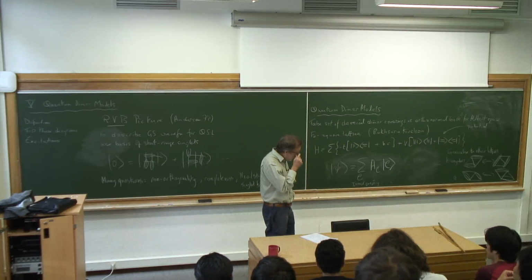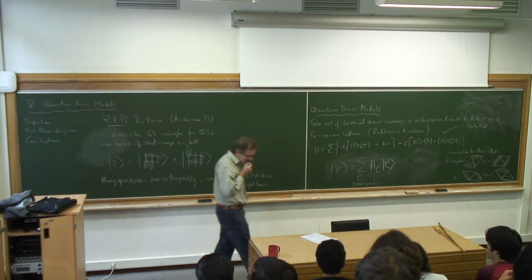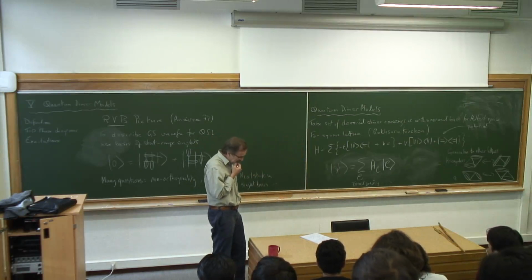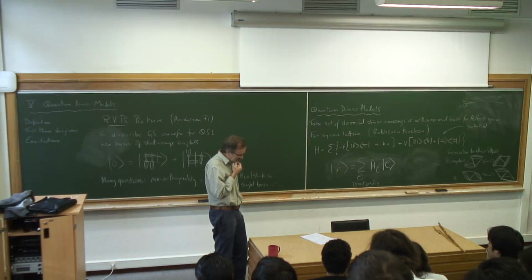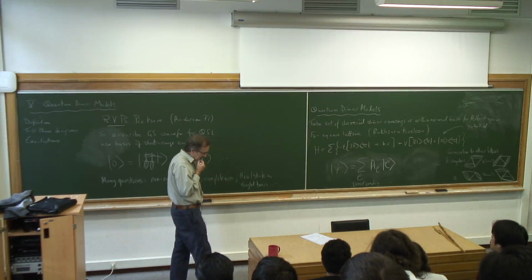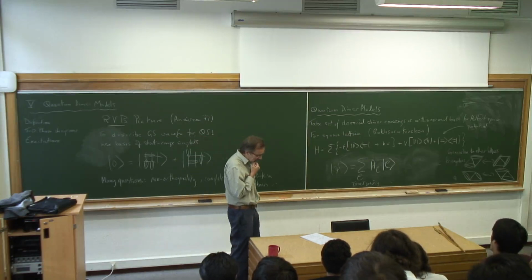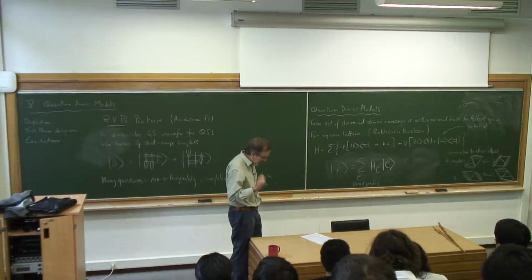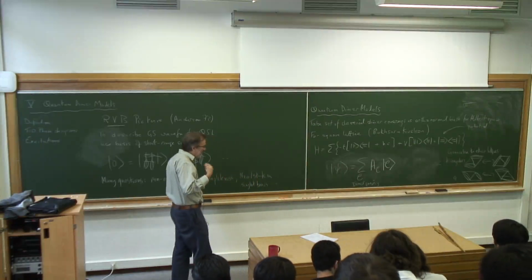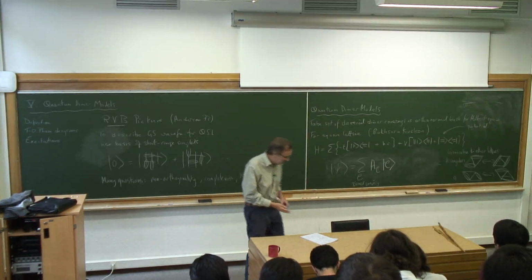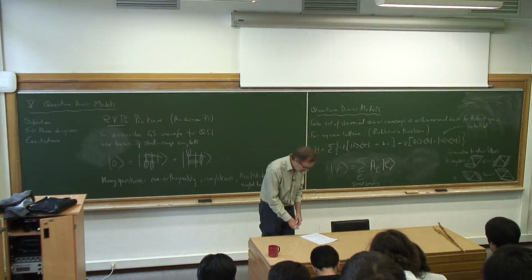And another route is if you think about frustrated classical Ising problems and then add in some quantum mechanics in a way that allows you to think of it as a weak perturbation.